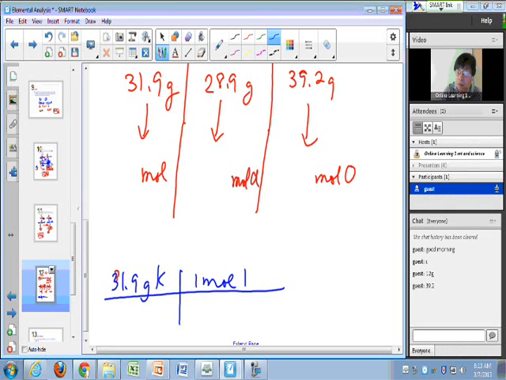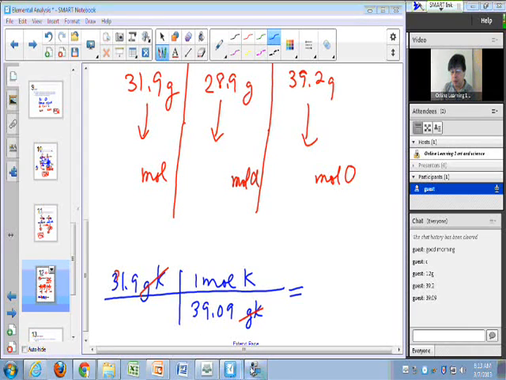1 mole of potassium. What's the molar mass of potassium? Check your periodic table. What would it be? 39.09? Okay. So 39.09 grams per mole. So what's 31.9 divided by 39.09? Let's see.